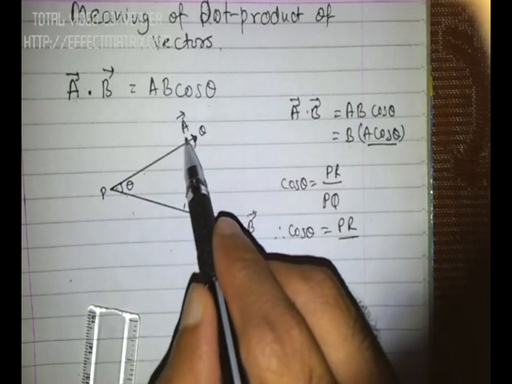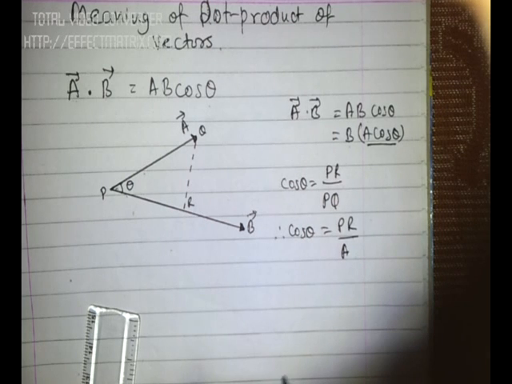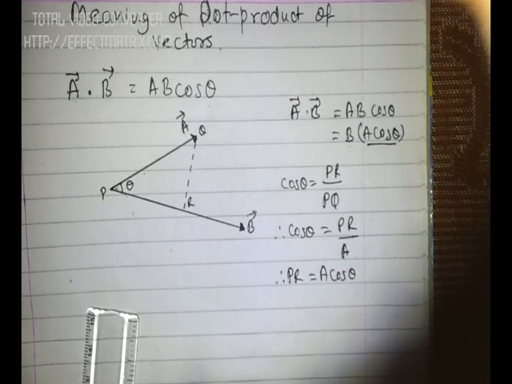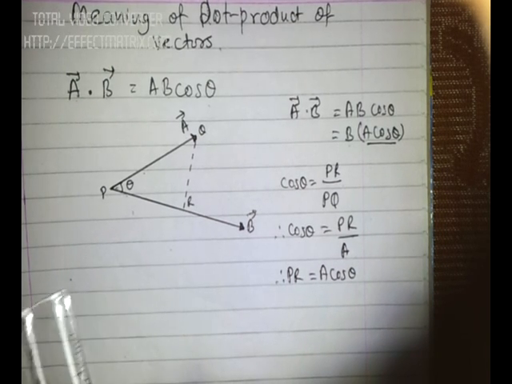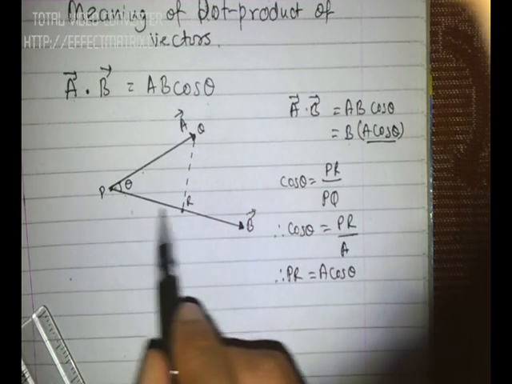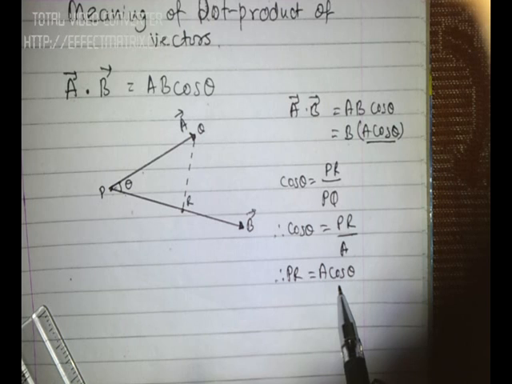PQ is the magnitude of vector A, so I can write it as A, where A stands for the magnitude of vector A, and therefore PR is equal to A cos theta. So this particular length PR is A cos theta.